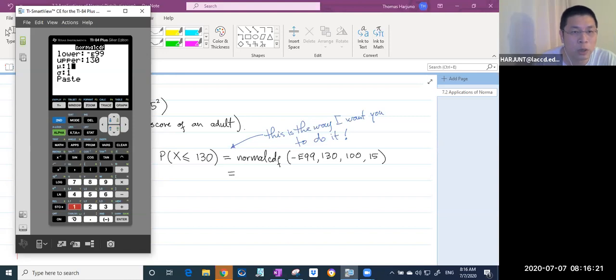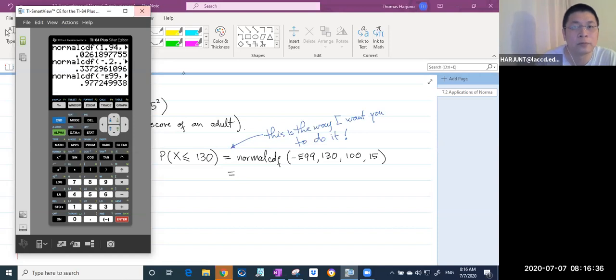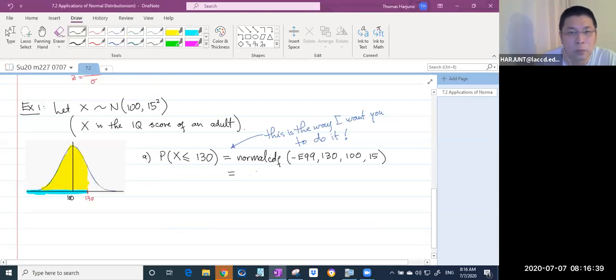The mean is 100 and standard deviation is 15. 0.97725.